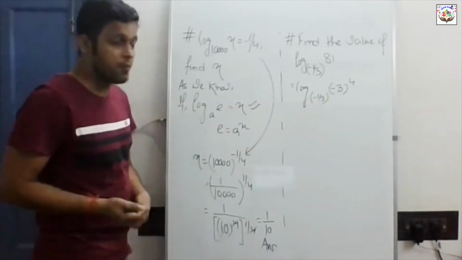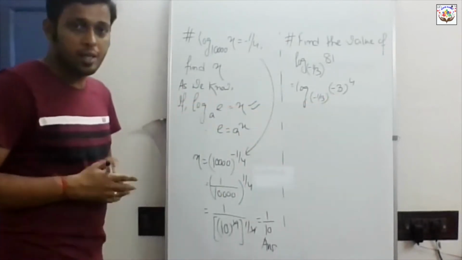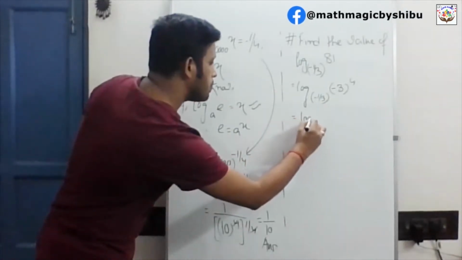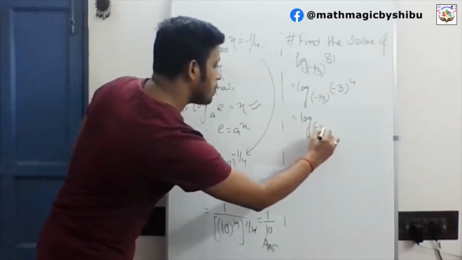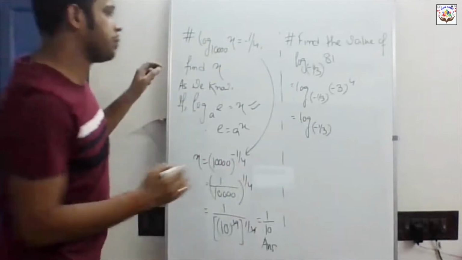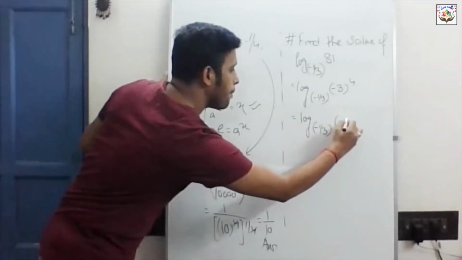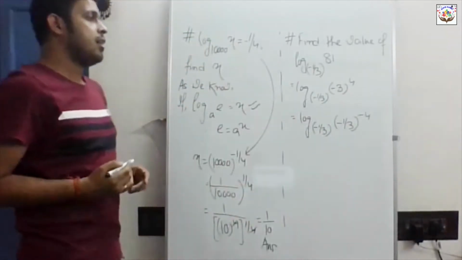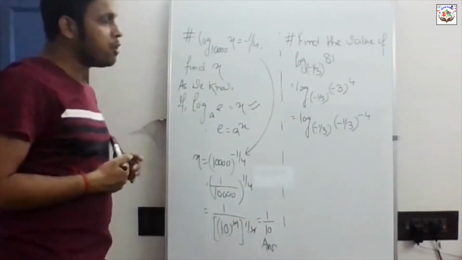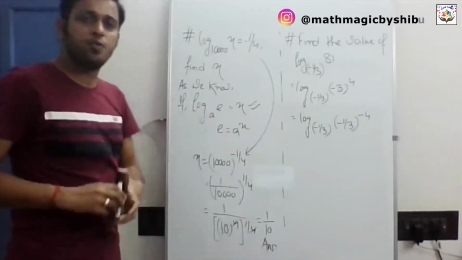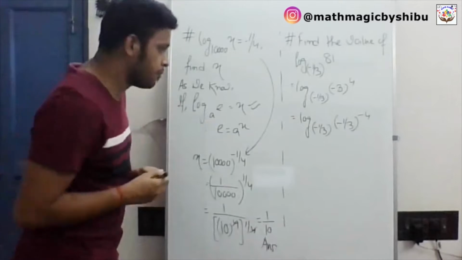So is it possible to modify the problem in a manner? Let's check it out. Instead of minus 3 to the power 4, can we write minus 1 by 3 to the power minus 4? I am showing you why.